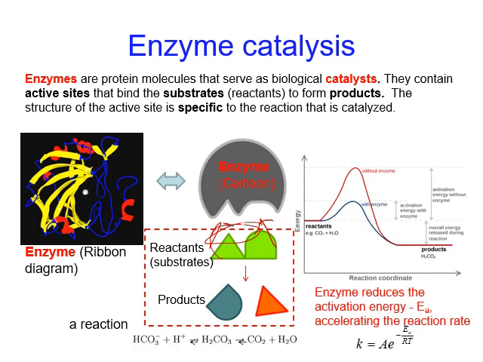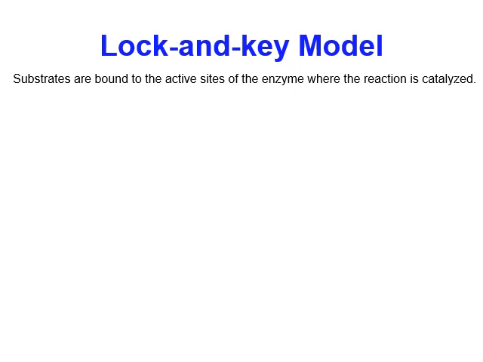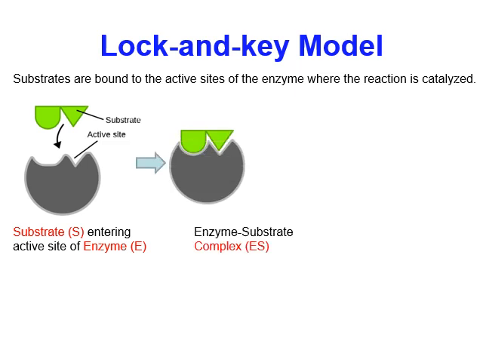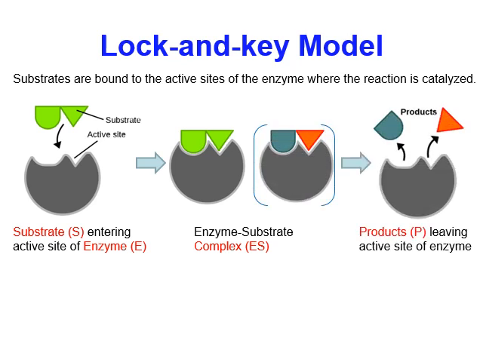As usual, the catalyst or the enzyme reduces activation energy and makes the reaction go faster. In the lock and key model, the enzyme and the reactants or the substrate first combine to form an enzyme substrate complex. The substrate is activated, forms a product, and then the product leaves the active site of the enzyme.